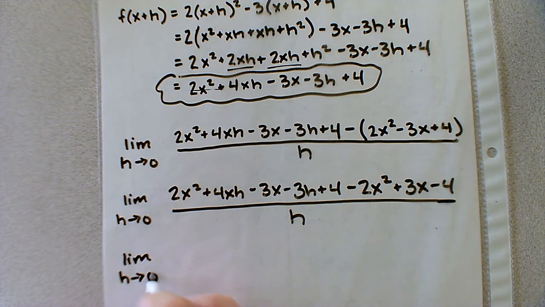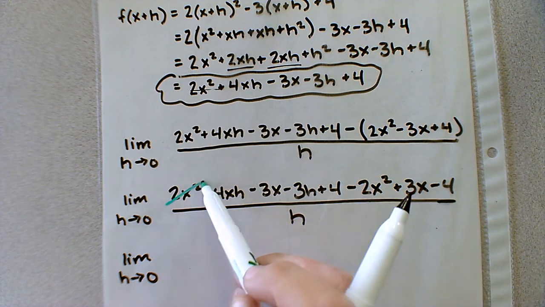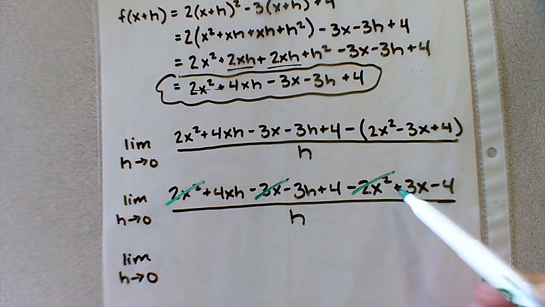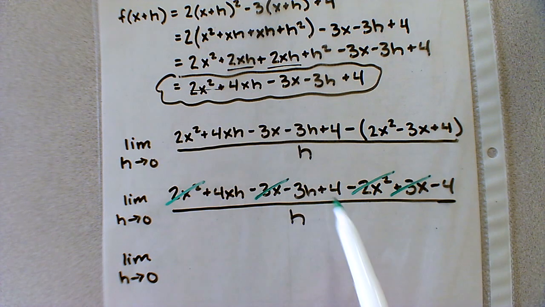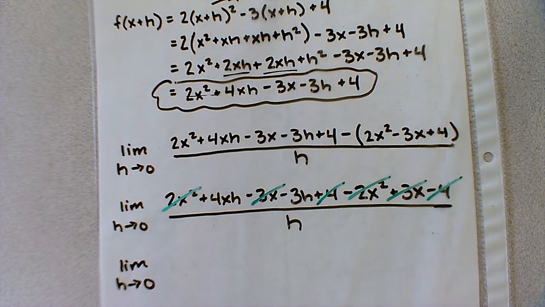So let's take a look at some like terms. I notice that I have a positive 2x squared, but over here I have a negative 2x squared, so those will cancel. I notice I have a negative 3x and a positive 3x, so those will cancel. And I also notice I have a positive 4 and a negative 4, so those will cancel.